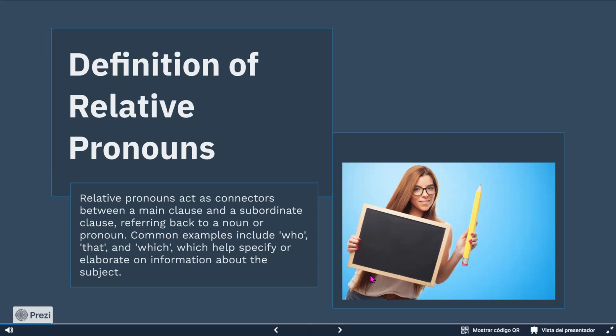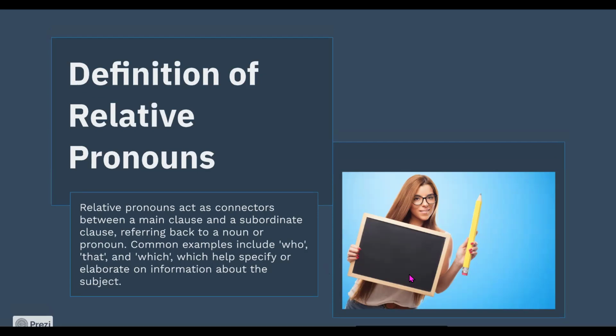Maybe Alana, could you read this definition? The definition of relative pronouns.